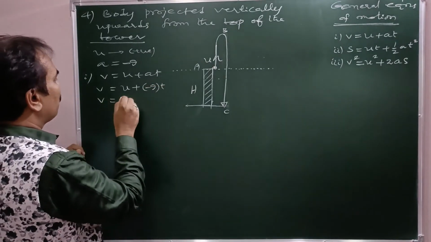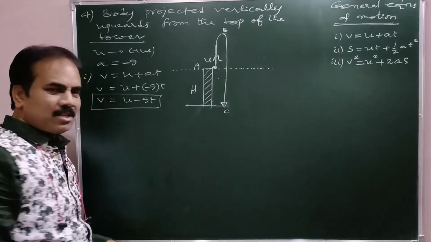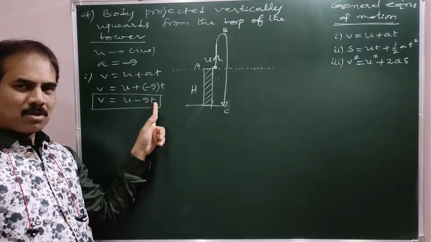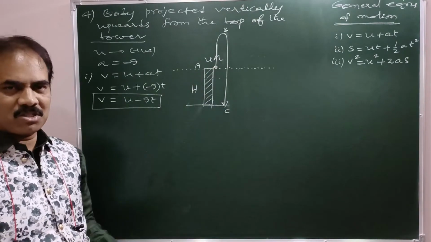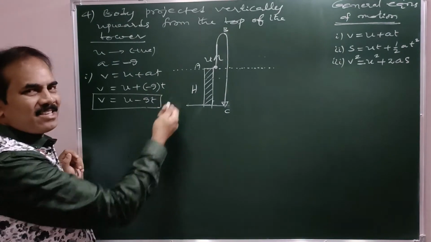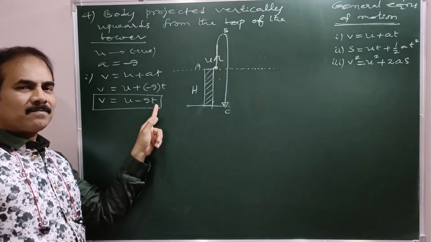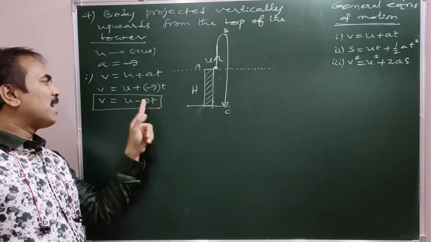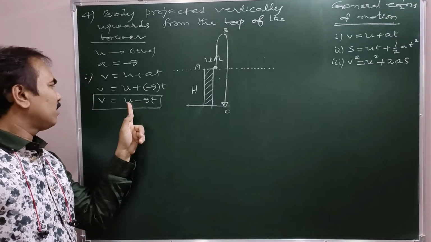That is v equal to u minus gt. Right? When time t equal to 0, v becomes plus u, meaning initial velocity. So as time goes on, the product gt increases, and becomes equal to u also at the highest point, right?